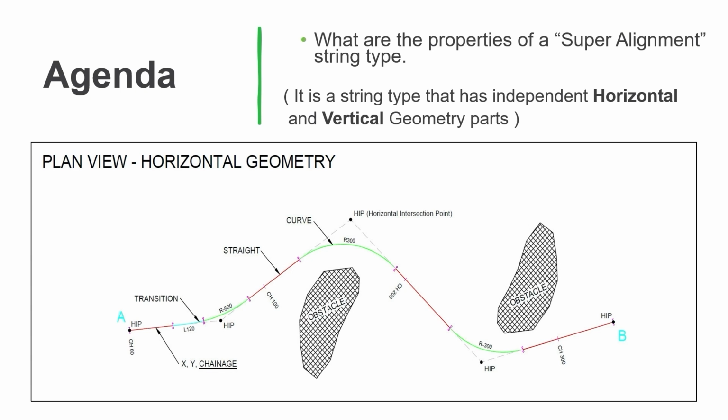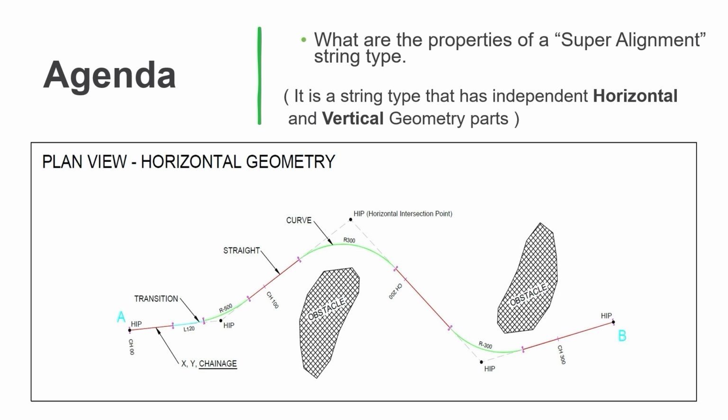Once we've established that, then we can put our curve radiuses in there, and you can see that by the green radiuses there. And also there is the option to put in transitions between the straight and the curve. They're also known as spirals. Generally for higher speed road designs, you may need a spiral in there.